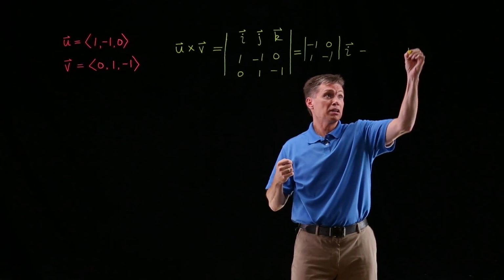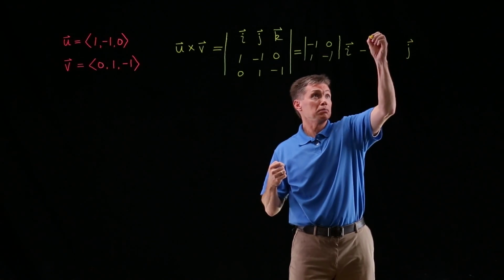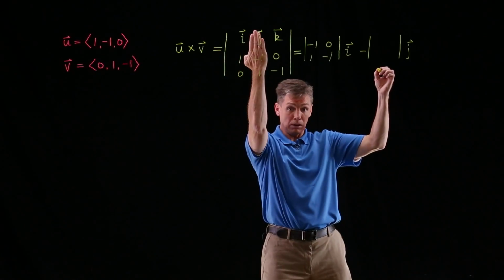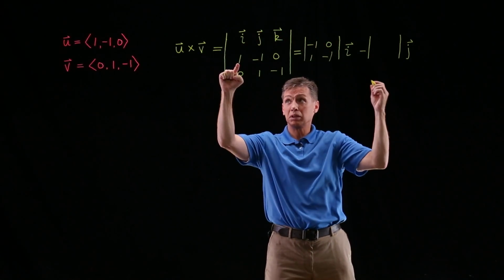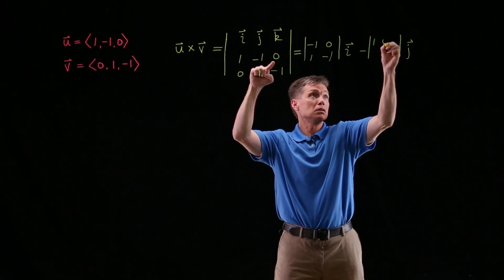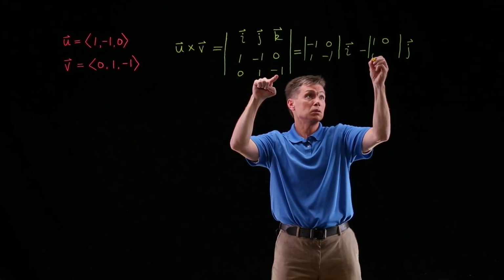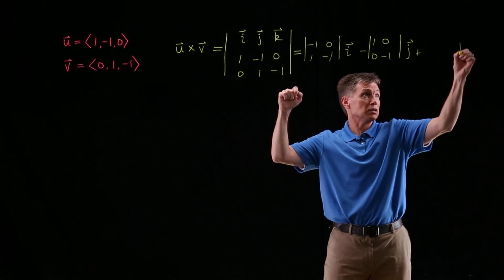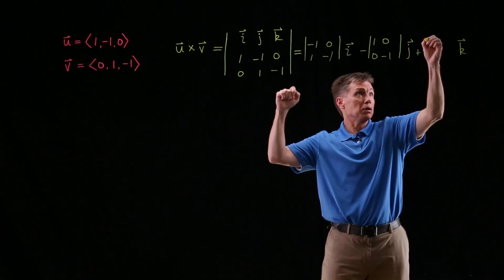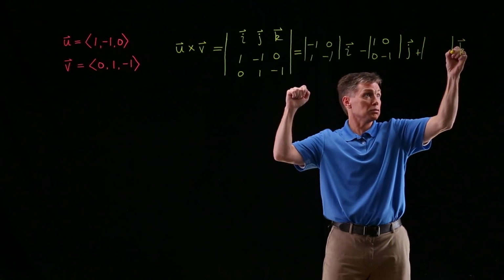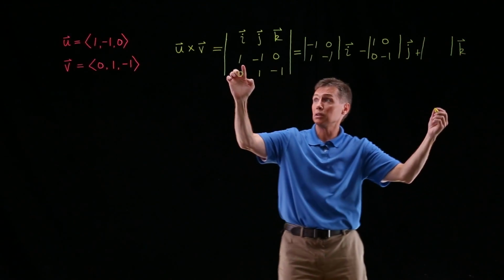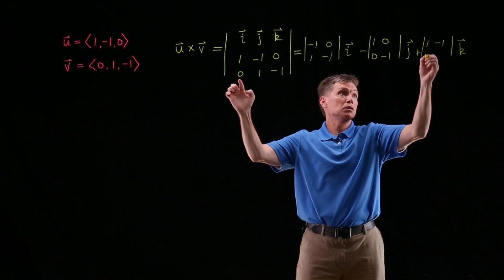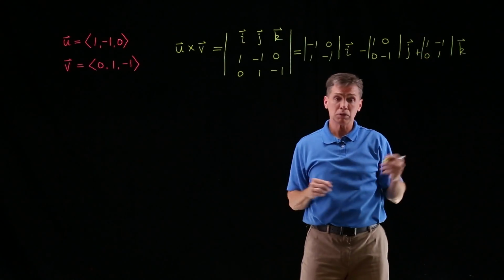Then I'm going to have my j vector multiply by the determinant of the submatrix that results when I cover up that column and the top row. So I'm looking at 1, 0, and 0, negative 1. And finally, plus my k vector needs to multiply by the determinant of its minimatrix, 1, minus 1, 0, and 1.